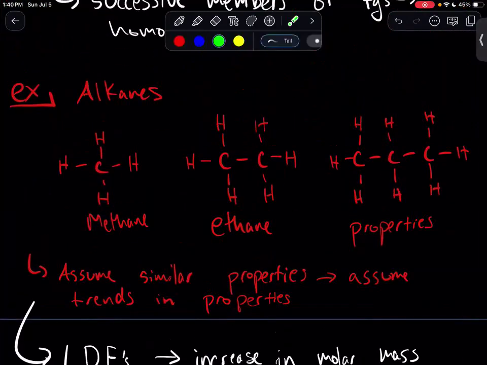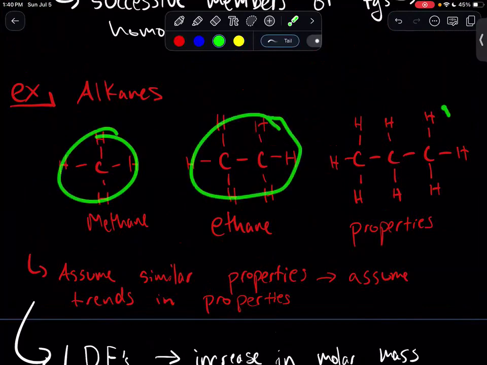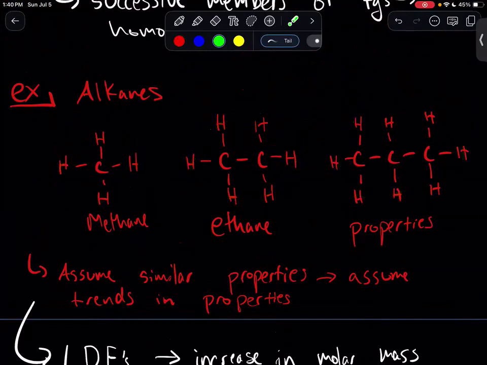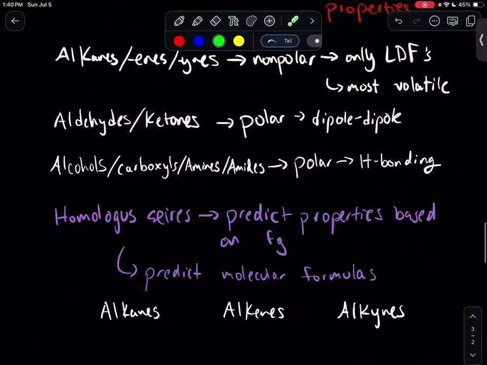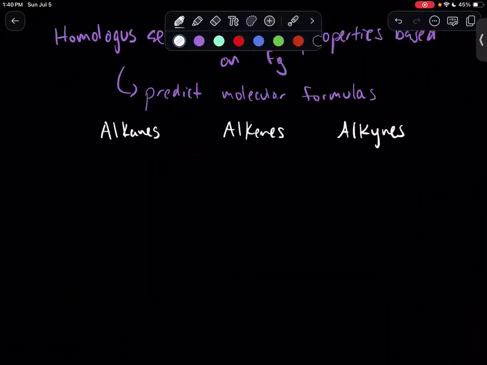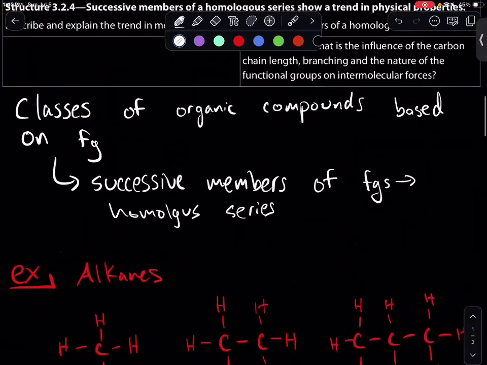What we can see is that this is CH4, this is C2H6, this is C3H8. And you may notice that when we bring the carbon up by 1, the hydrogen goes up by 2 from the previous one. These generally follow a very simple formula for alkanes: CnH2n+2.